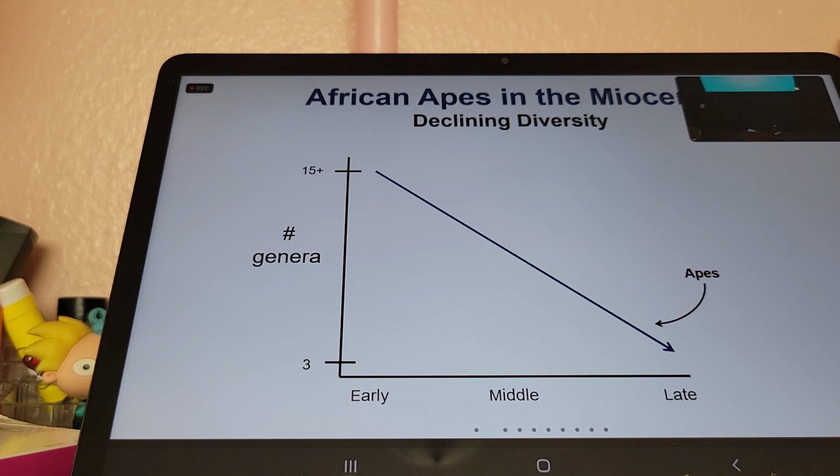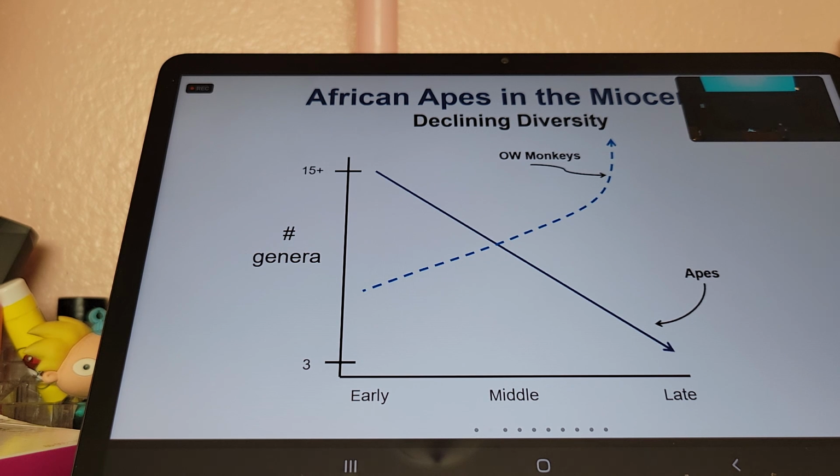a major factor for ape species is that apes were competing with, who would apes be competing with? Diurnal, arboreal, equatorial, tropical regions. Who are apes competing with? Monkeys, right? And what you do not want to compete with is monkeys.